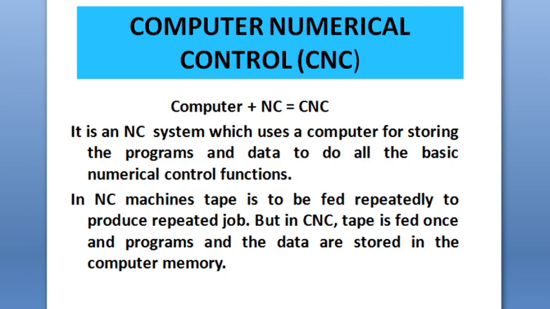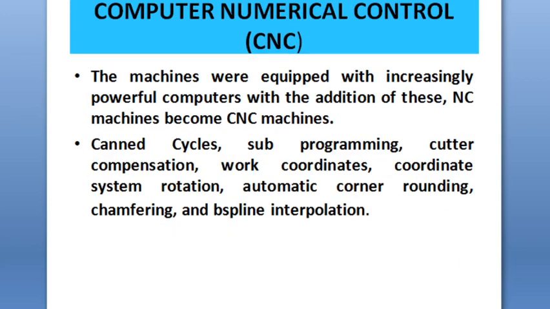But in a CNC system, it has a computer memory. Once the programs and data are stored in the computer memory, we can retrieve the program at any time. We can modify the program also. In CNC, the machines are equipped with increasingly powerful computers.